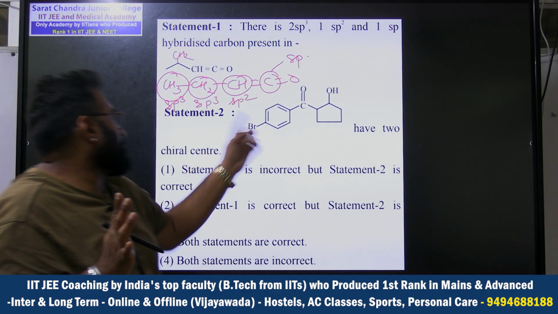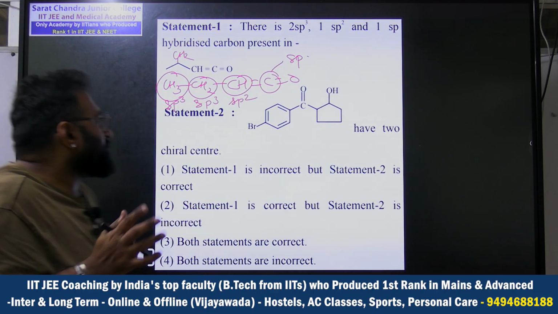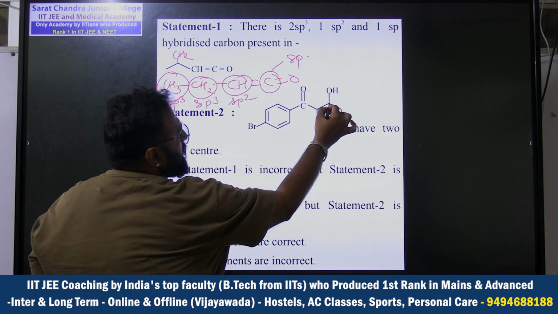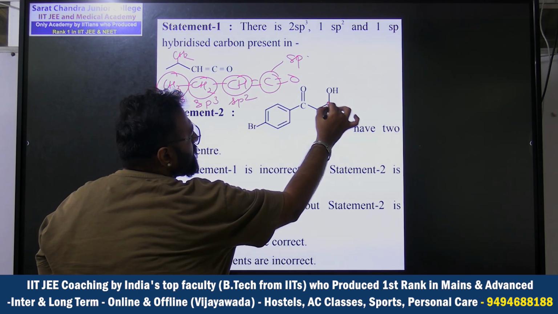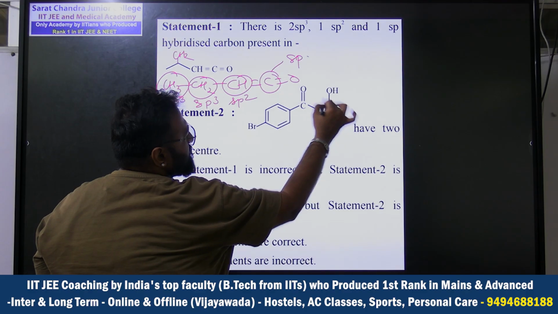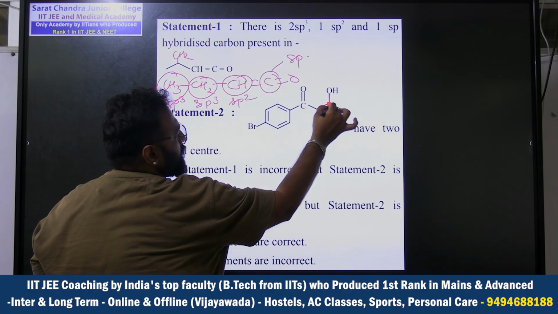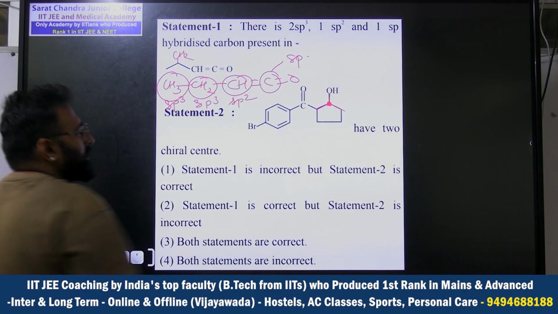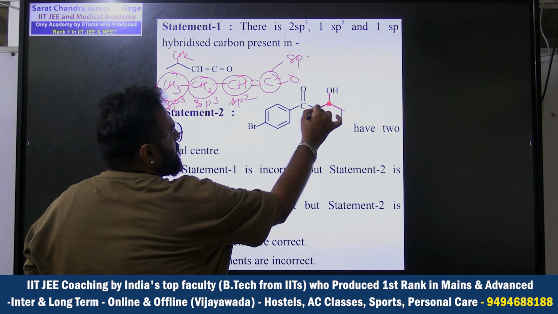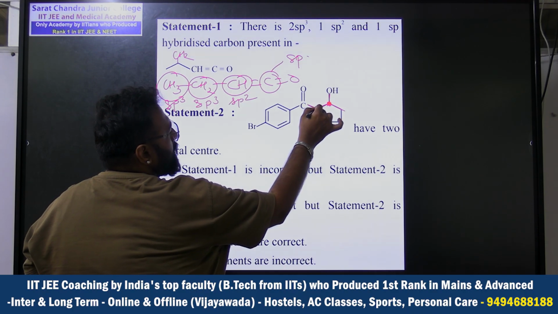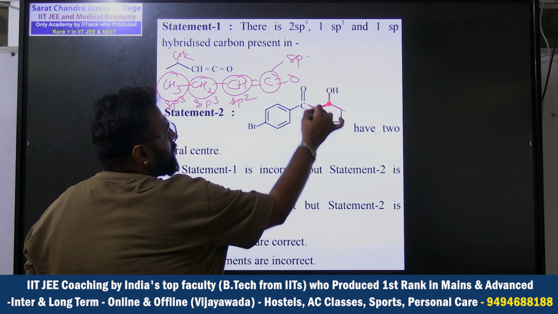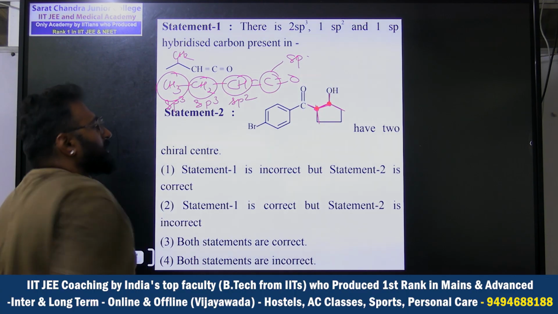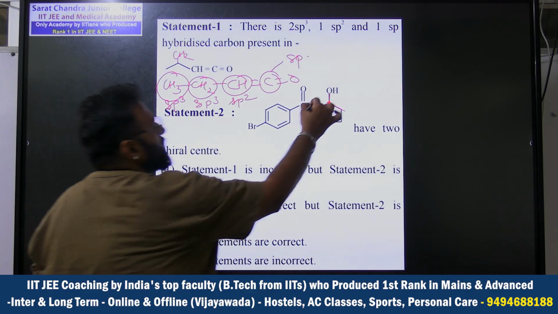Okay. Now statement 2: have 2 chiral centers. Now in this compound we need to find the chiral centers. This carbon is our chiral center: different group, different group, different group, and hydrogen. And if we see the preceding carbon, different group, different group, different group, and H. So these 2 carbons are chiral carbons.